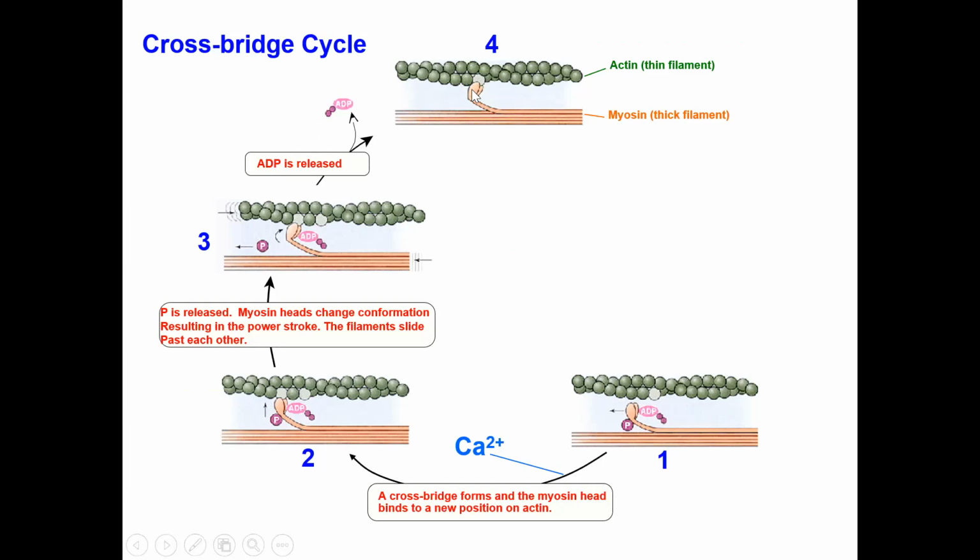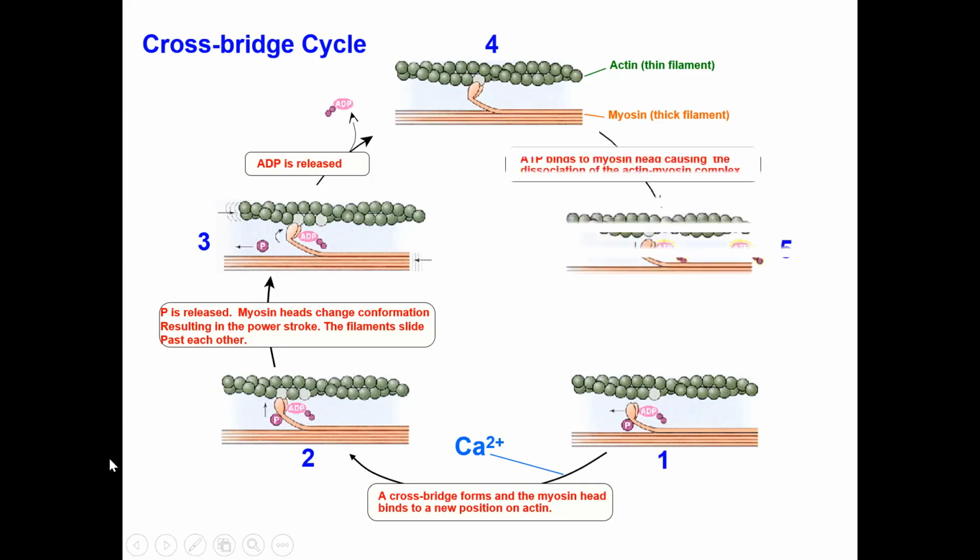If you have ATP in the cell, then the ATP goes and binds with the head. As soon as ATP binds with the head, it dissociates from actin. This dissociation of the head from actin happens with the binding of ATP, not the hydrolysis of ATP, only the binding of ATP.